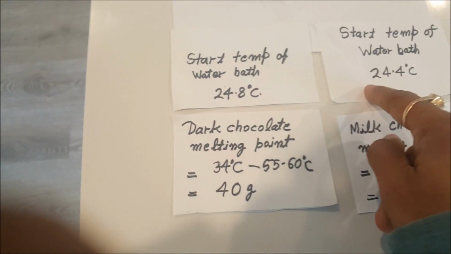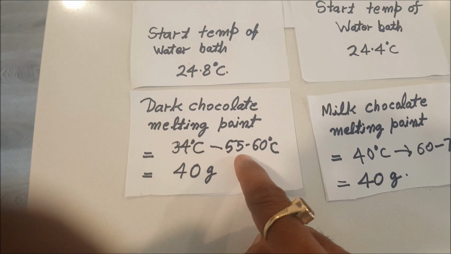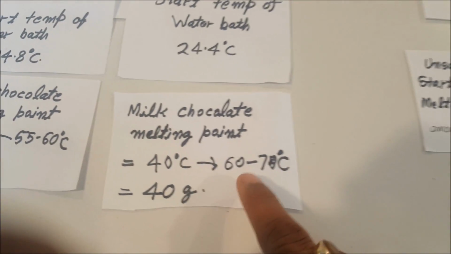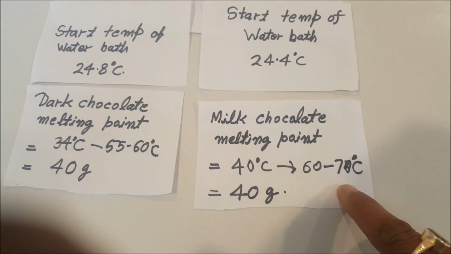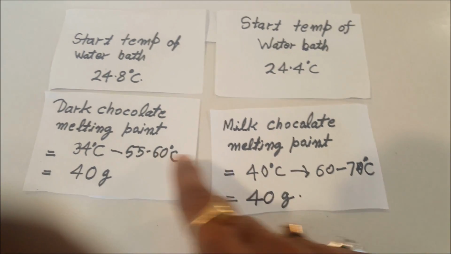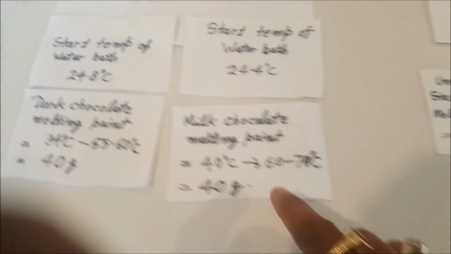Always start from room temperature water. So this is the dark chocolate, 34 degrees Celsius to 55 degrees Celsius, and I used 40 gram. And here is 40 degrees Celsius and 60 to 70 degrees Celsius. So this was the difference. Probably the milk chocolate has more contamination, that is why it melted very slowly.